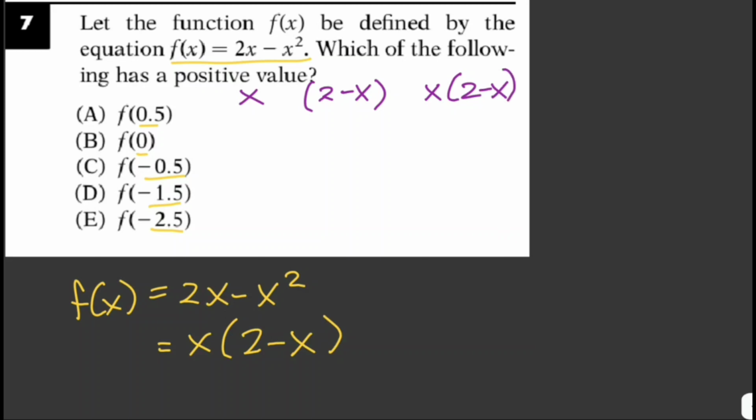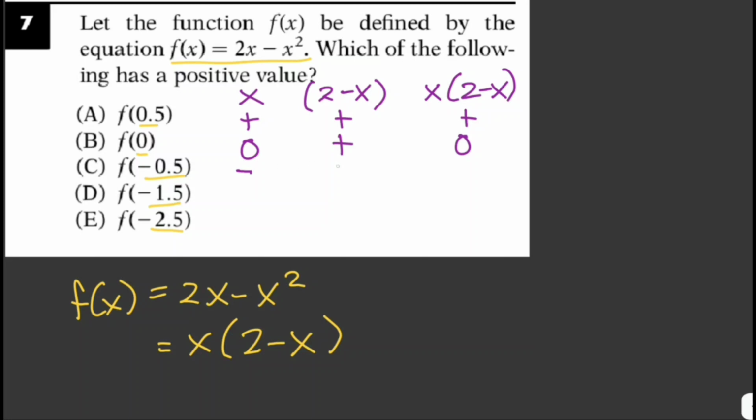So let's try to substitute each of the values from A to E here. Say x is positive, 2 minus x is positive, so x times 2 minus x would give us a positive result. Here x is 0, 2 minus 0 is positive, and 0 times 2 minus 0 is 0.